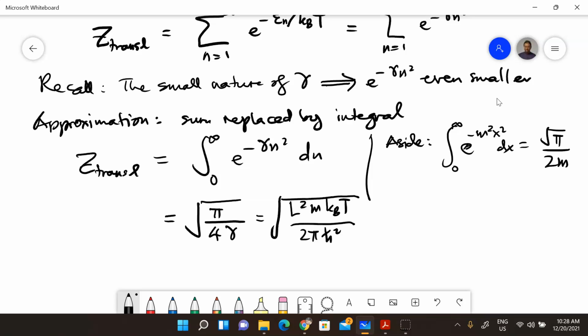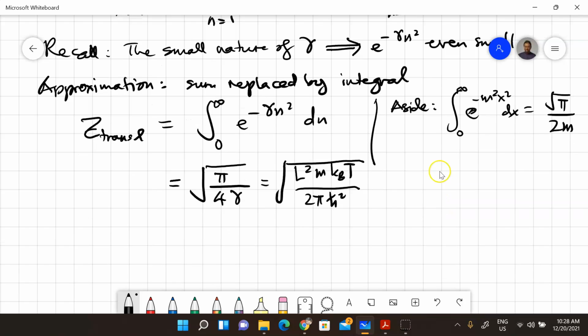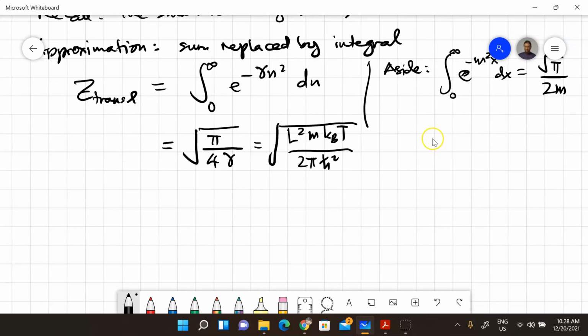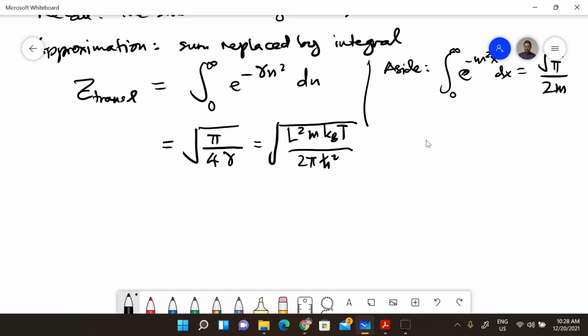Next thing to do is, let's write this. Remember your Z translational is a quantity which is supposed to represent the normalization of your probabilities, so it is dimensionless.